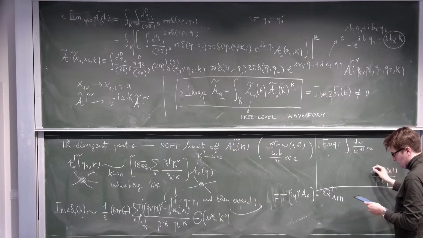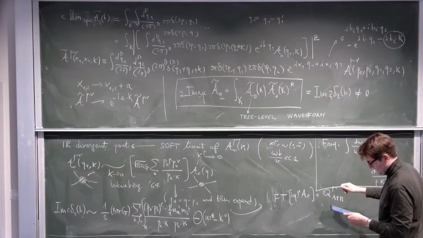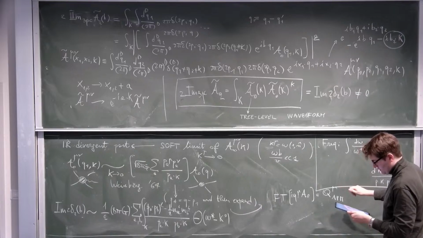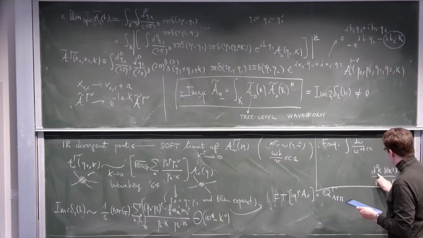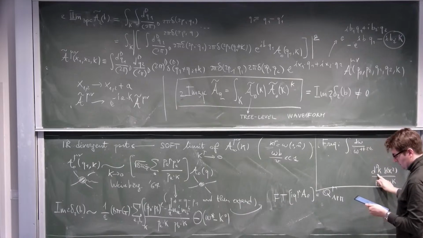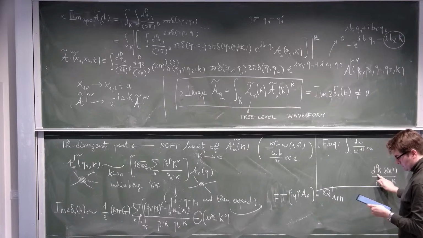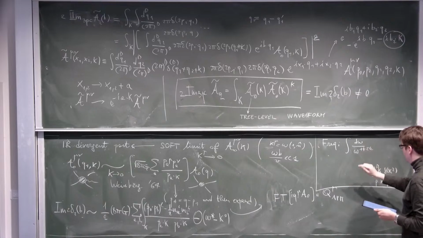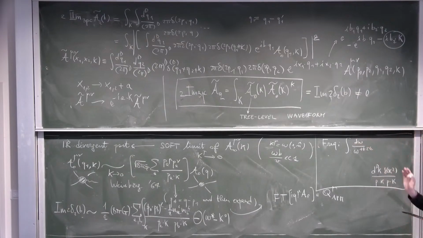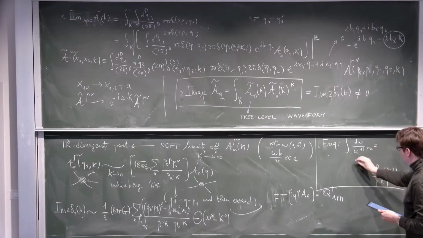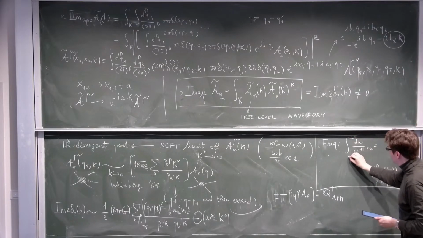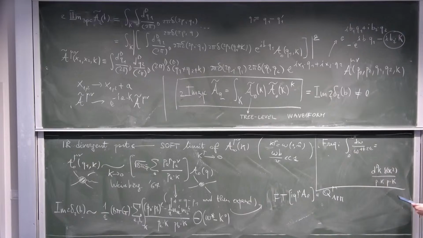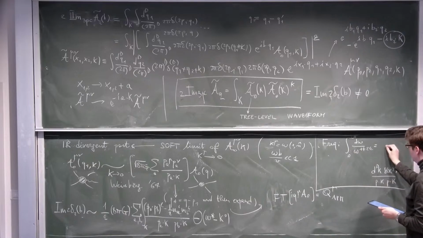So of course I got it wrong. Does anybody see where the extra 1 over omega comes from? Ah, yes, thanks, because there is another omega; of course I should also count the omega. And then, okay, the cutoff, so omega star. And this, as promised, will give the infrared divergence, right?